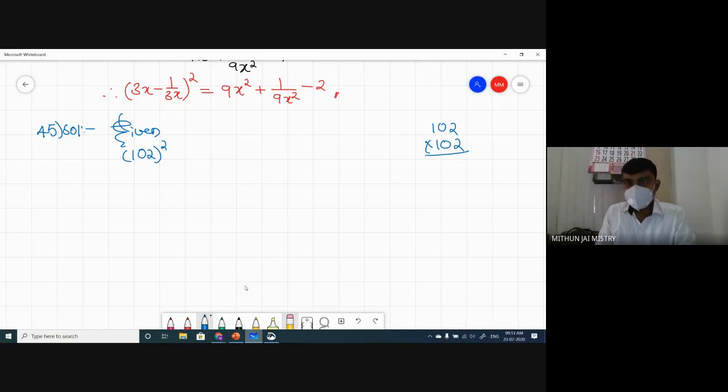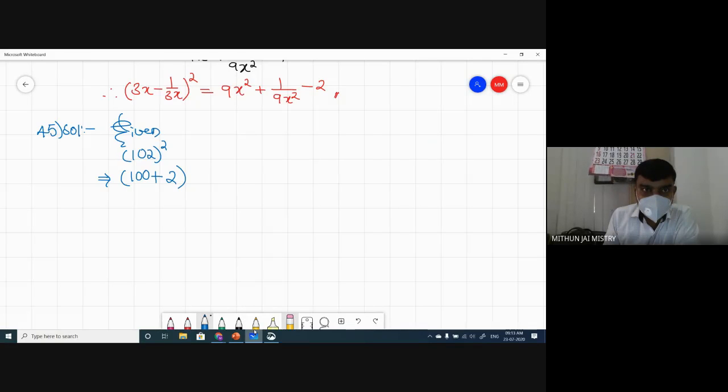But we are not going to do it like this, because the question is demanding that we should use an appropriate identity, and then find. So what I can do is write that 102 is 2 more than 100.